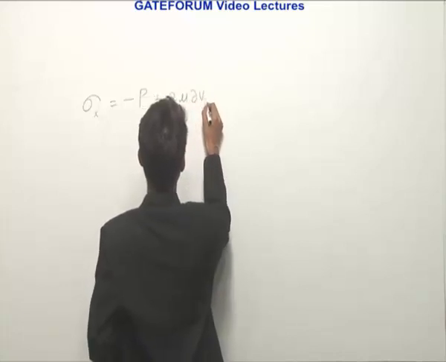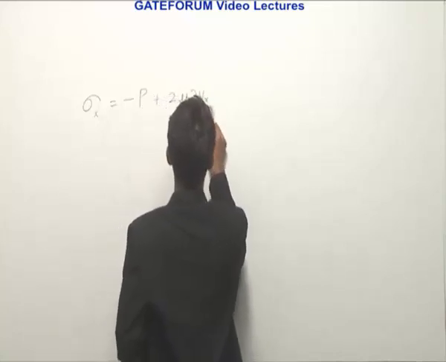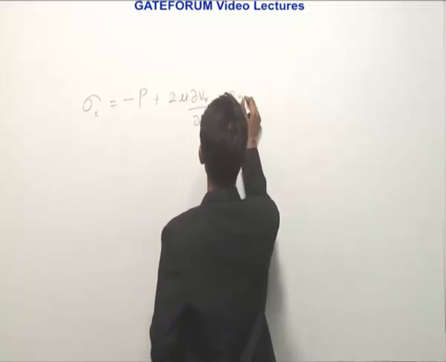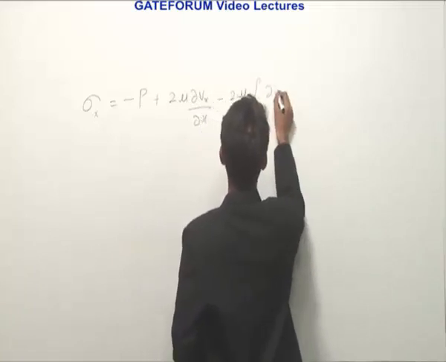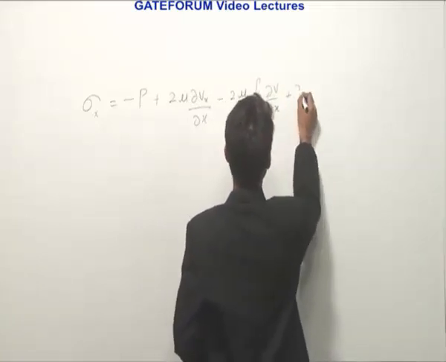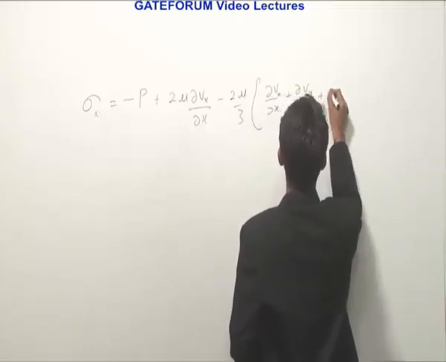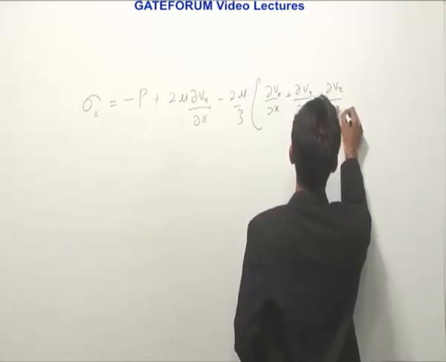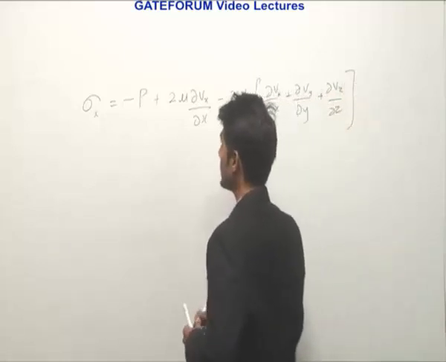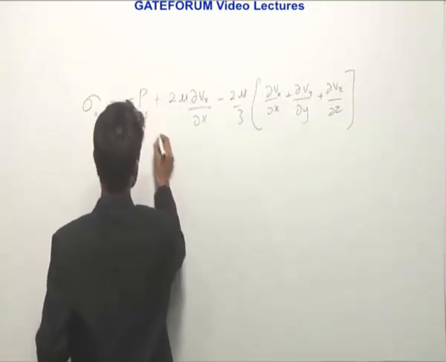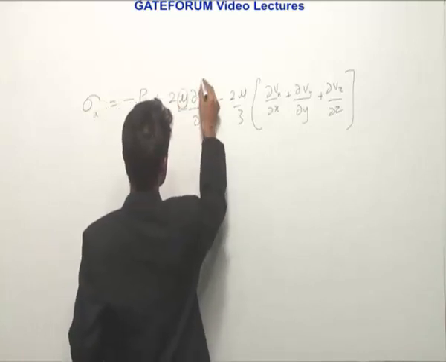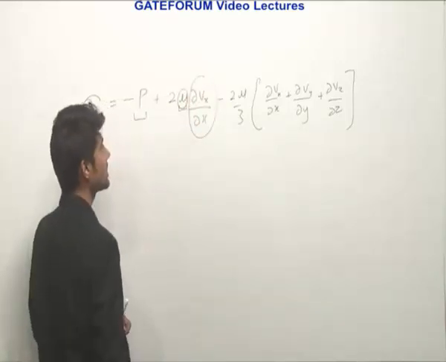will be equal to minus p plus 2 mu del Vx by del x minus 2 mu by 3 times the velocity gradient terms. There will be pressure gradient terms, del y, del Vz upon del z. Here we can see it depends on pressure, it depends on viscosity, as well as it depends on velocity gradient.